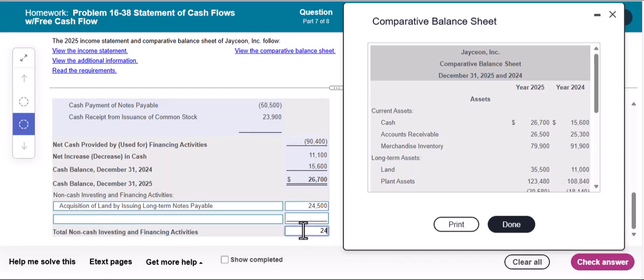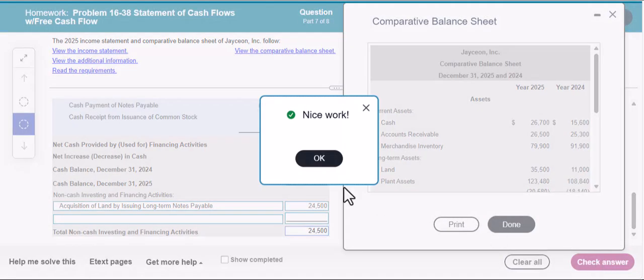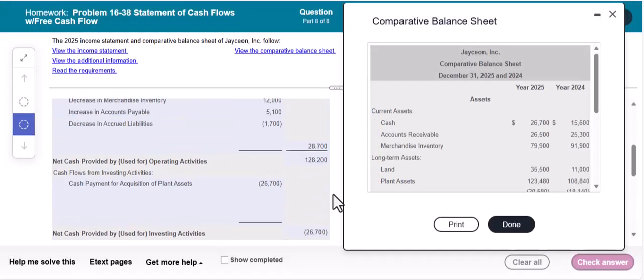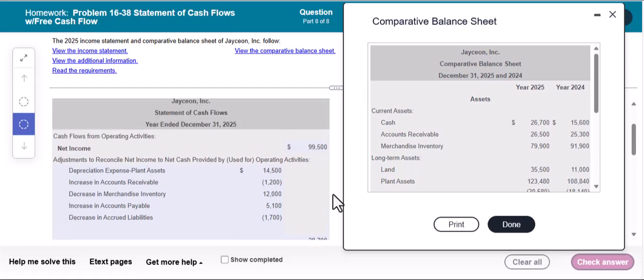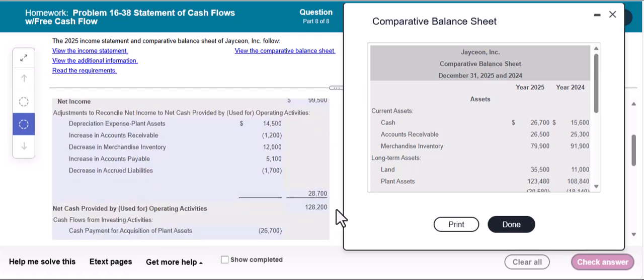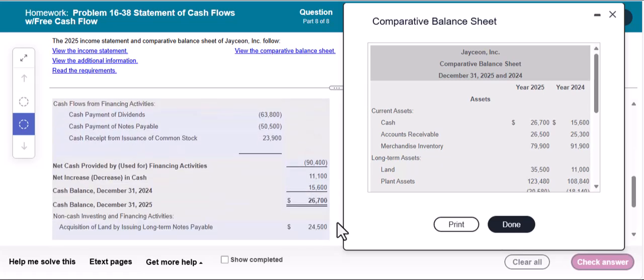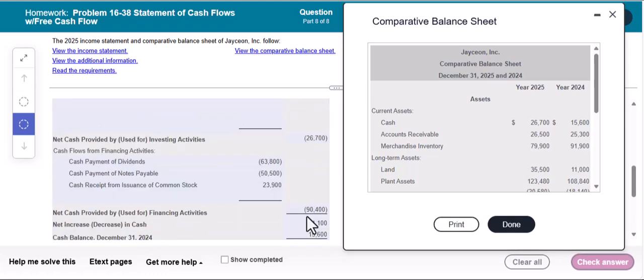You can go ahead and put down 24,500 there. So we can go ahead and check our answer. Nice work. Okay. And then before we move on to that last question, I just wanted to review here. It appears this company is making the most out of its operating activities, and then investing and financing activities are drawing a negative here. So that means we are spending in investing and financing activities.